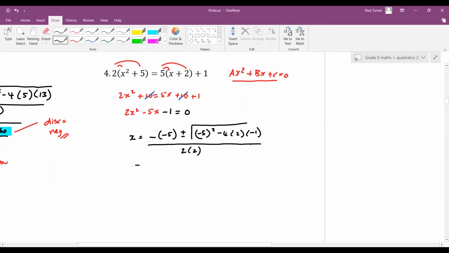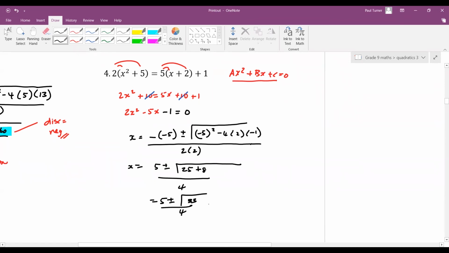So we're going to get 5 plus or minus 25 minus, that's going to be plus 8, isn't it? 4 times 2 minus 8 times 1, 8 plus 8, on 4. So that's going to give us 5 plus or minus root 33 on 4.